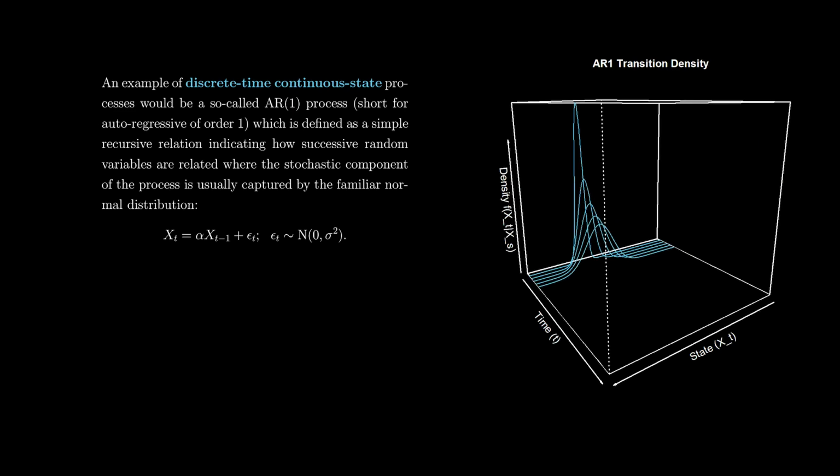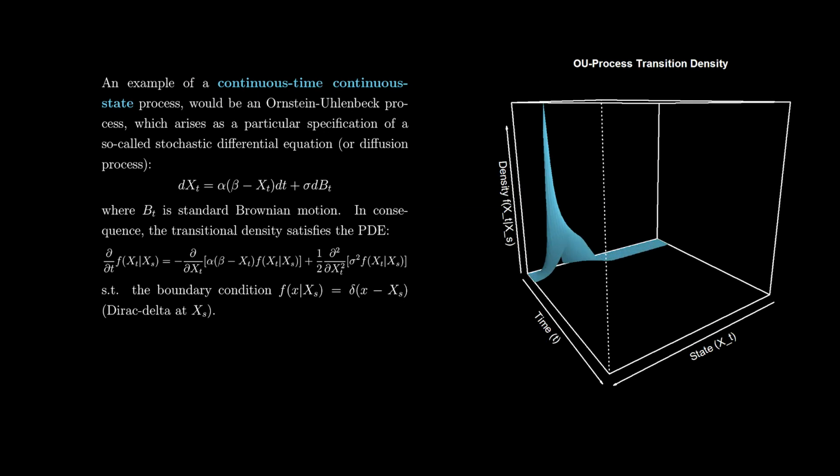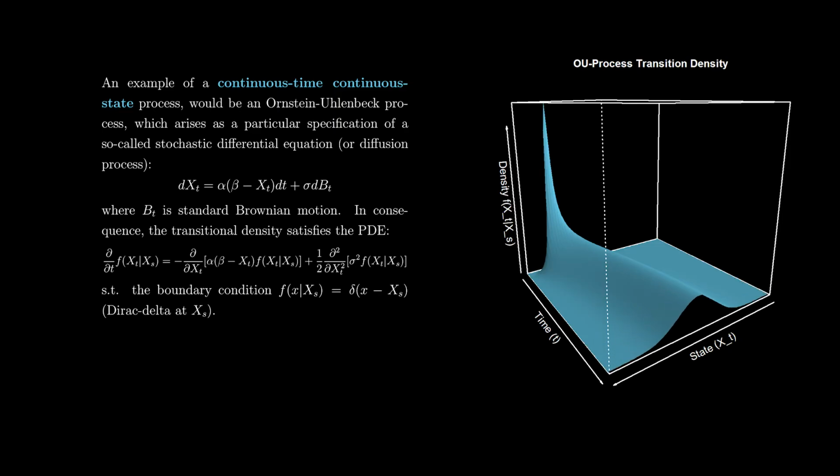In the case of an AR process, the transitional distribution looks like a sequence of normal distributions, giving the distribution of the values of the process at discrete points in time, conditional on a known position at the outset. In the case of a continuous time Markov chain, the behavior is similar to the discrete case, only with the distribution evolving continuously over time. Similarly, for the Ornstein-Uhlenbeck process, its transitional density mimics the behavior of the AR process, but continuously in time.